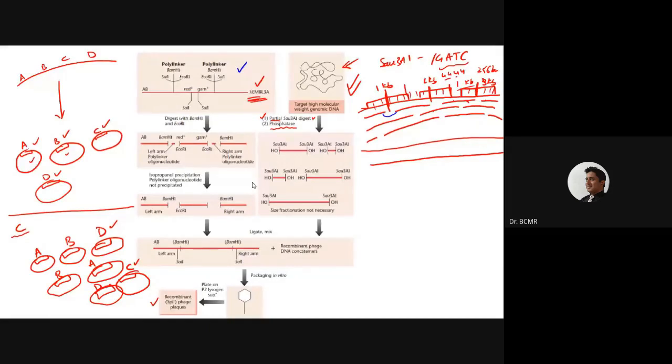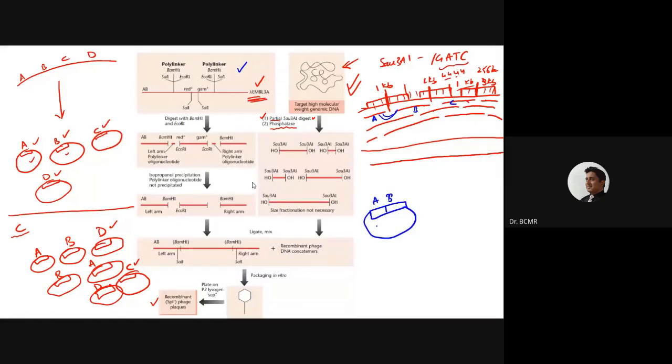Say, for example, you cut it with Sau3A, and then you have treated with ligase. In the ligation reaction, what may happen is I will call this fragment A, this fragment B, and this fragment C. And when it is cloned or ligated into the vector, these 2 might ligate, and then ligate with the vector, A and B.